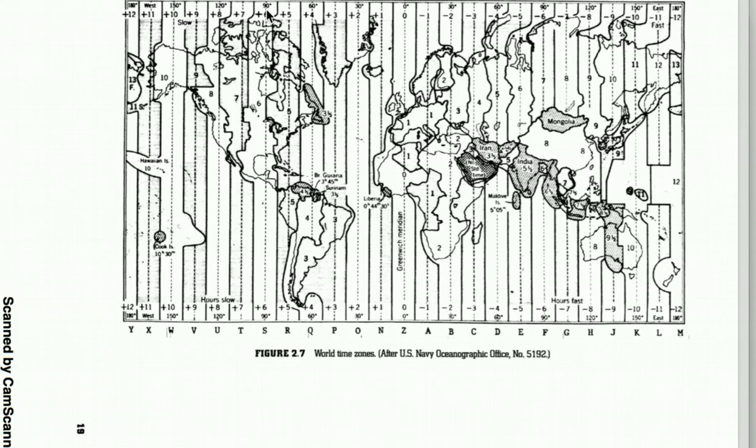52 degrees west. 52 degrees west is still going to be in +4, right, because 60 minus 7.5. Let me make sure I got that right. I'm terrible. Okay.